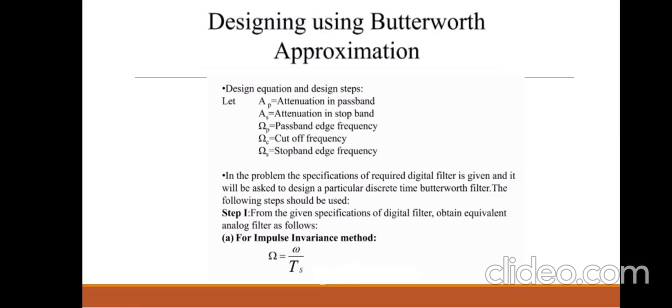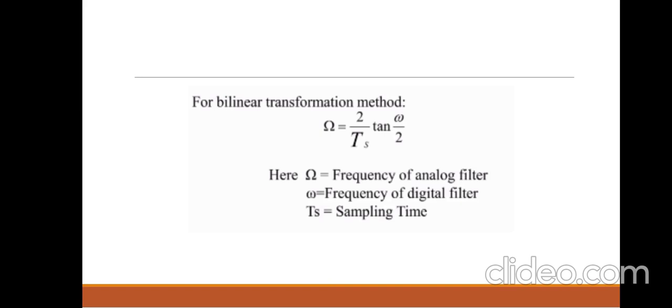If we are using the impulse invariant method, then we will use the formula Ω is equal to ω by Ts, where Ts is the sampling time. For bilinear transformation, we use the formula Ω is equal to 2 by Ts tan(ω by 2), where Ω is the frequency of the analog filter, ω is the frequency of the digital filter, and Ts is the sampling time.